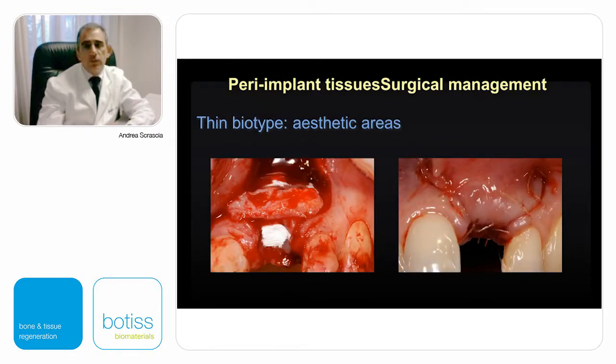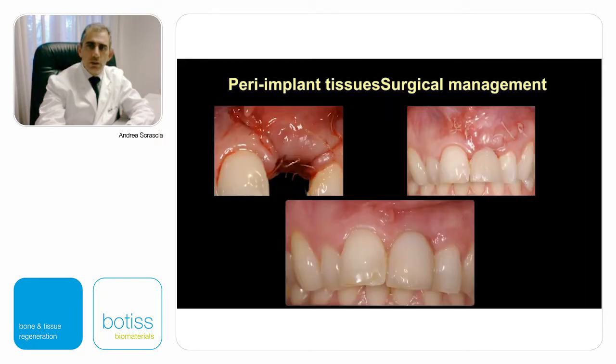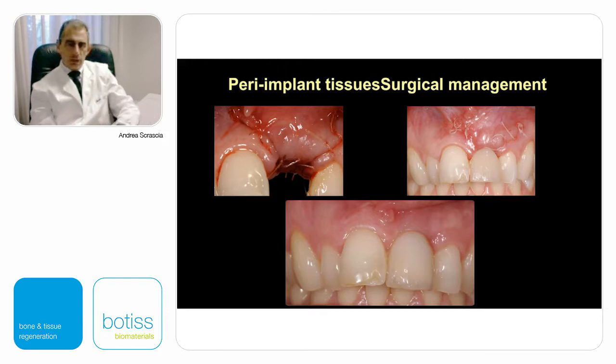We have to increase the soft tissues using connective tissue graft in this case. Keeping track of the healing process, and after having executed the implant therapy with a flapless technique, this is the result after 5 years. I care about showing you how the incision technique permitted us to achieve a satisfactory aesthetic result.